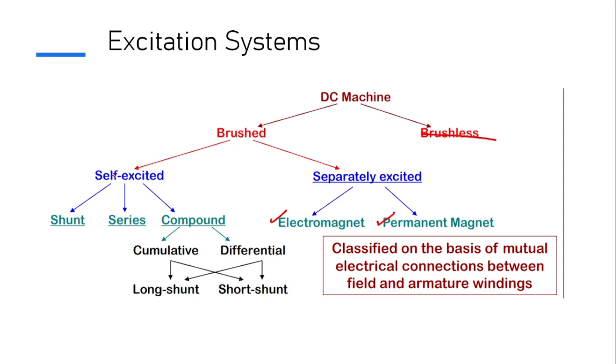And then the self-excited ones, you have shunt and series. I don't think you are doing compound, so it's mainly just shunt and series, right? And as I said, they're classified on the basis of the mutual electrical connection between the field and the armature, aka each of them has a different circuit configuration. That's basically what they're trying to say.